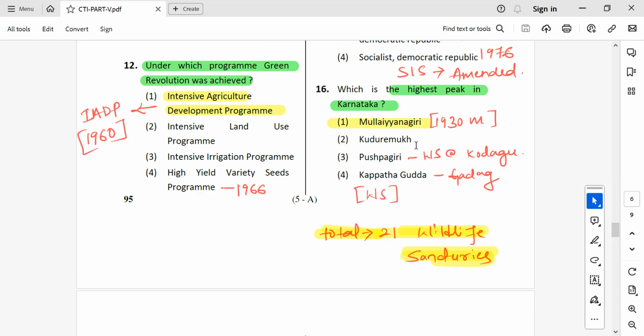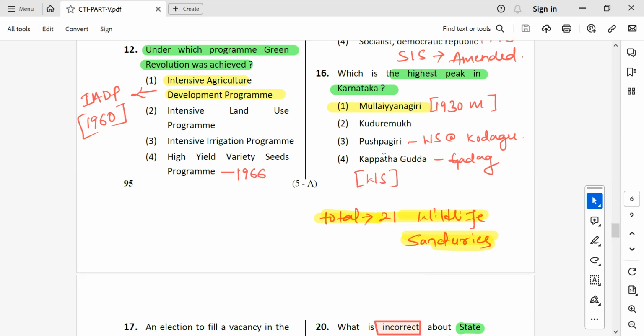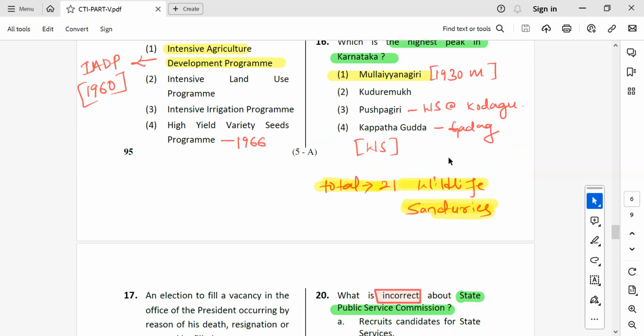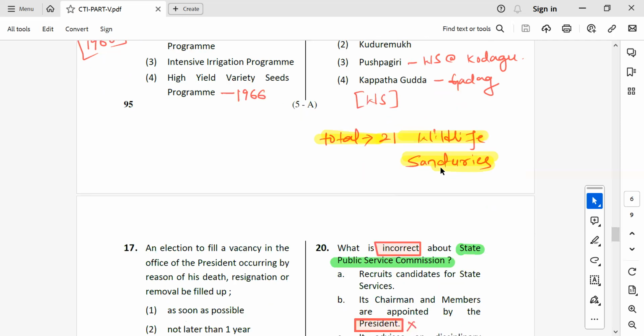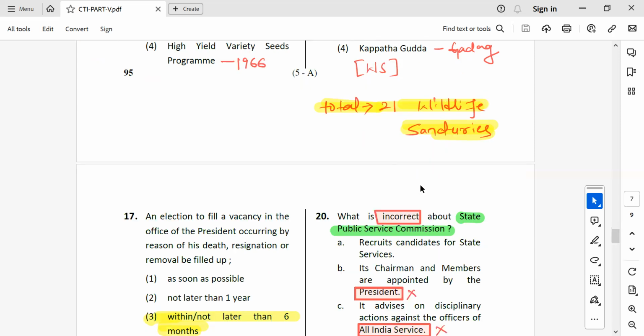Here they have mentioned Kudremukh, which is a national park, and Pushpagiri, a wildlife sanctuary located in Kodagu, and Kappatagudda, located in Gadag, is also a wildlife sanctuary. Remember, there are a total of 21 wildlife sanctuaries and 5 national parks. This number they have asked in the previously conducted exam as well.